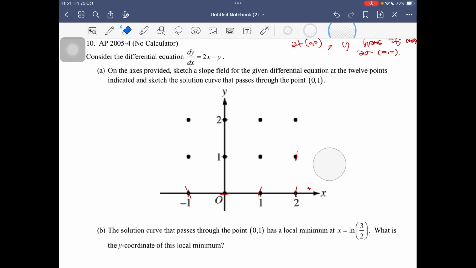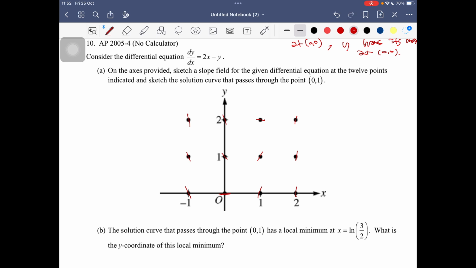This is just to understand. And going the other way, it is smaller, so negative 1, negative 2, and negative 2, negative 3, negative 4. So this is the slope field.